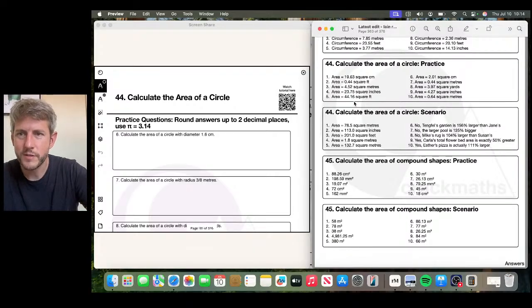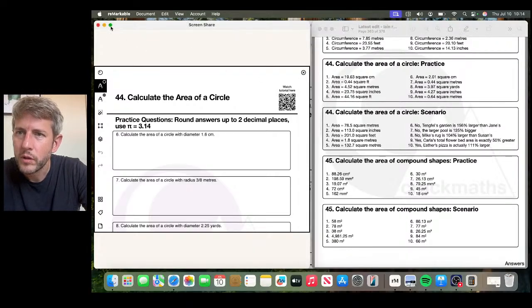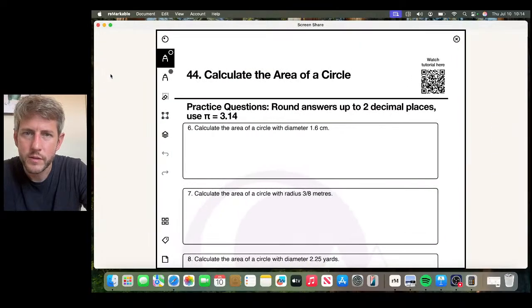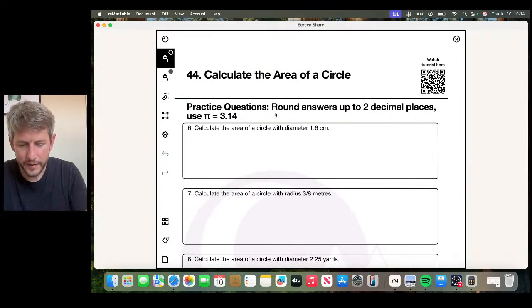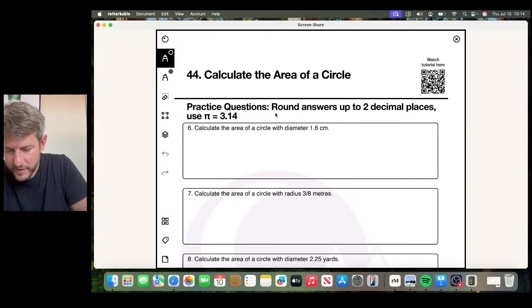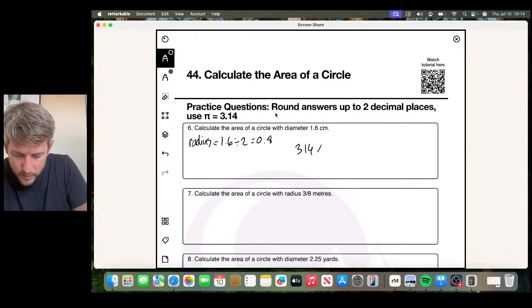So, question 6 here. Okay, right. Calculate the area of a circle with the diameter of 1.6. So again, the radius will equal 1.6 divided by 2, which will actually equal 0.8, and then we can do 3.14 times 0.8 squared.